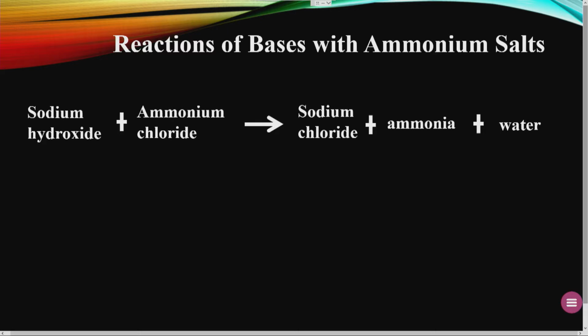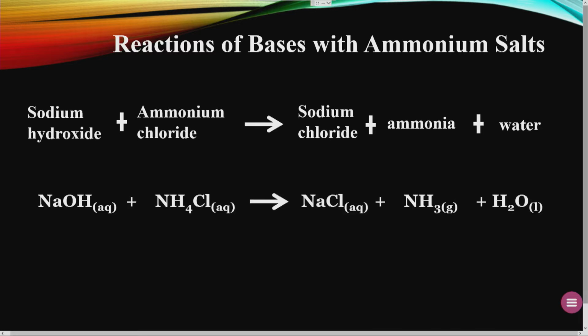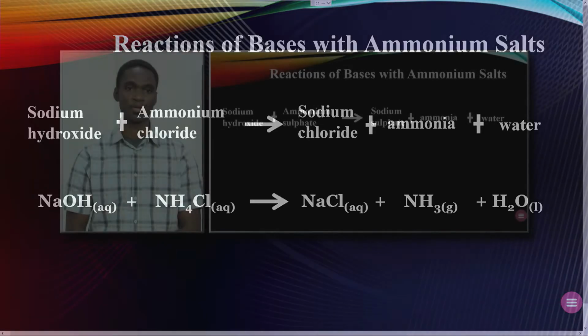Notice that we will be forming the corresponding salt. Ammonia gas is liberated and we have water being there. For the symbol equation, NaOH plus NH4Cl would give us NaCl, NH3, that's a gas, and it will be liberated, and H2O in the liquid form.